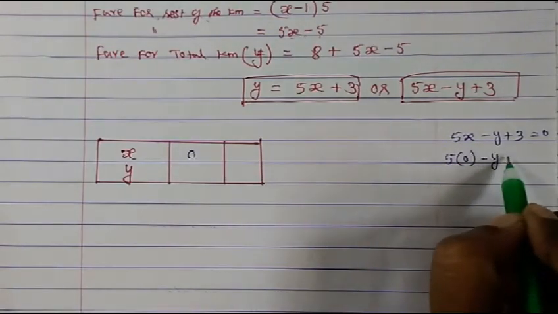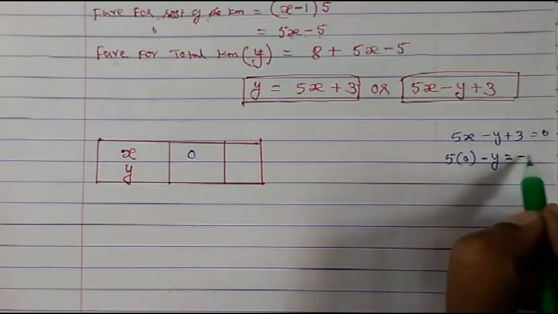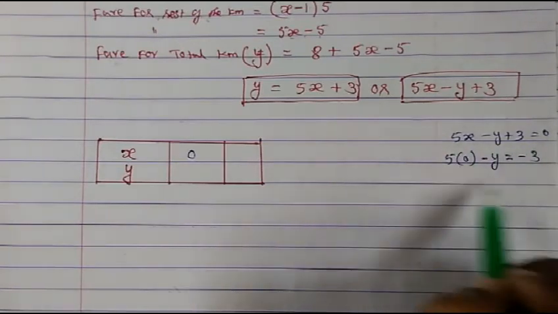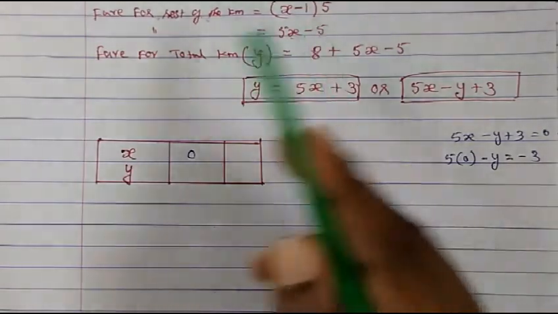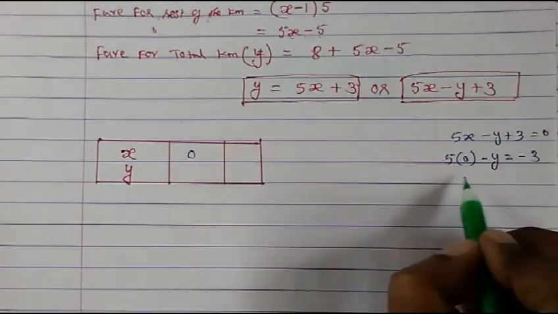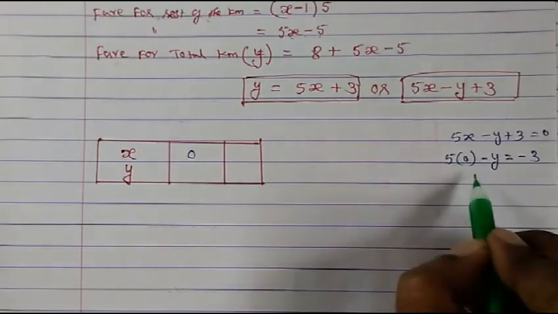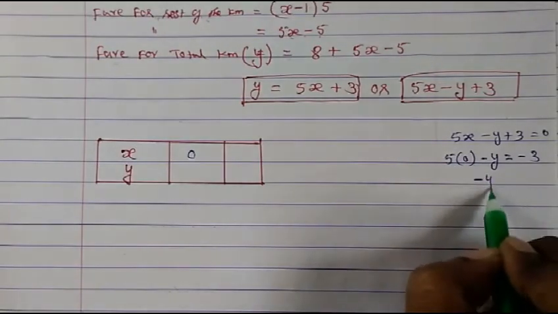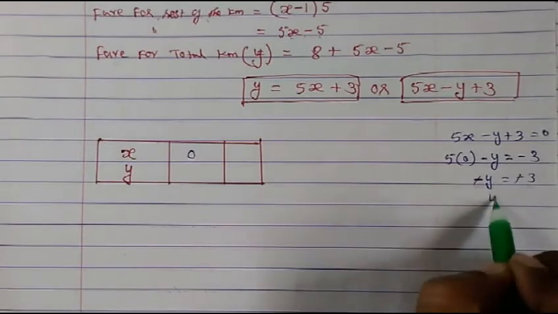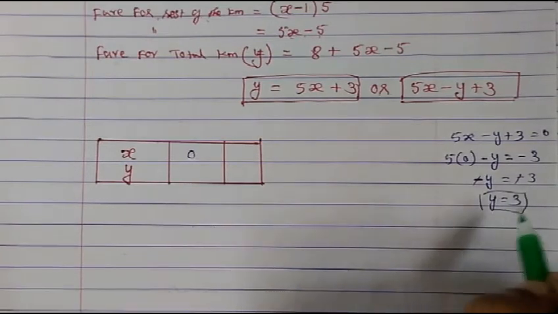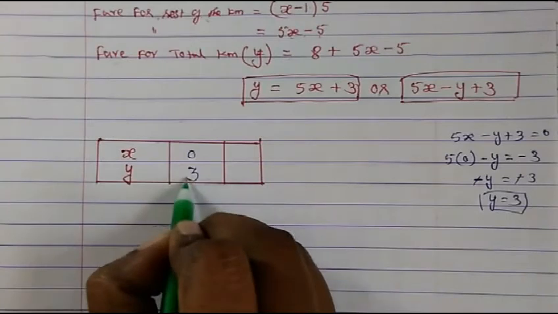Then this plus 3 will go to that side and become minus 3. This is rough work; you can do it behind the paper. Don't mix it up with the main sum. Then this will totally become 0, then I'll get minus y equal to minus 3. So both side minus will get cut, so y equals 3. Then I am getting y as 3.